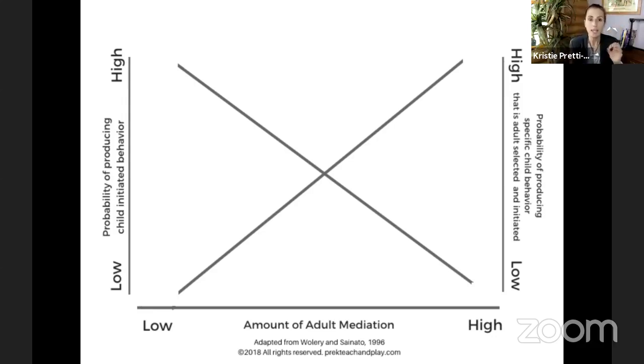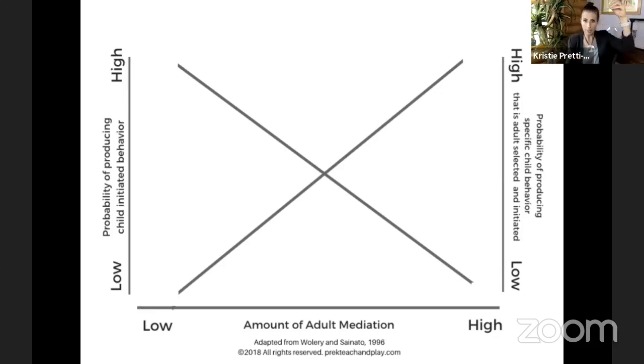So if you want a high probability of the child to initiate something, to greet, to ask, to solve a problem, to participate. Sorry if I already said that. So the child is going to be the doer.